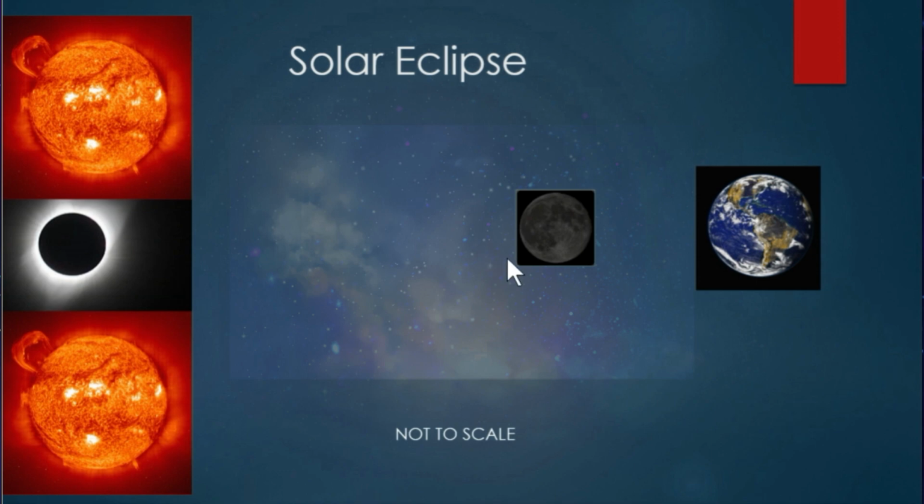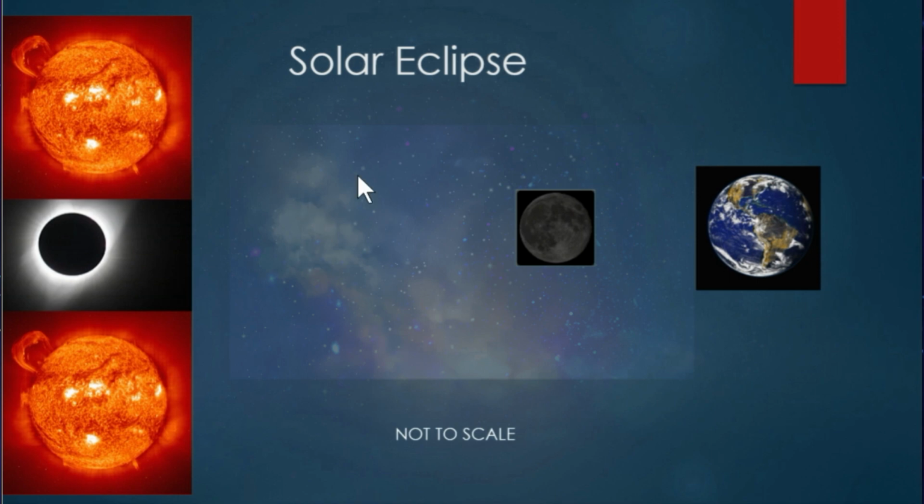Well, what's the only thing that can actually cause that? It is the moon. And it has to be a new moon because there can't be any light. It actually makes the sun disappear. What we see around that darkness is the corona. It's the light that's shining around it.